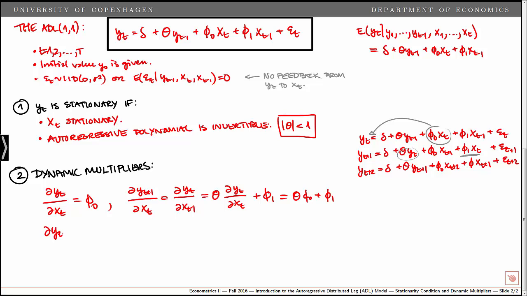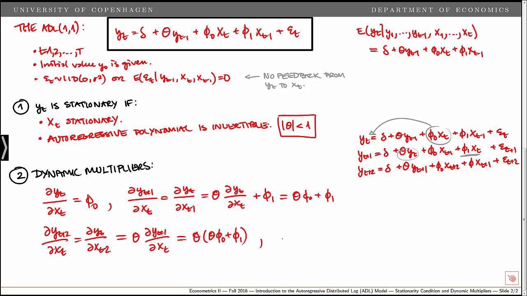Now we could do the effect on y_{t+2} given a shock to x_t. And we note here that there's no direct effect, there's only the indirect effect, so what we get is theta multiplied by the derivative of y_{t+1} with respect to x_t, and this we have an expression for already, so this is equal to theta multiplied by theta phi_0 plus phi_1.